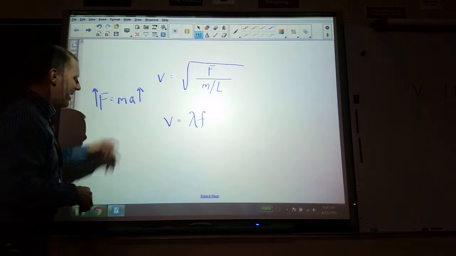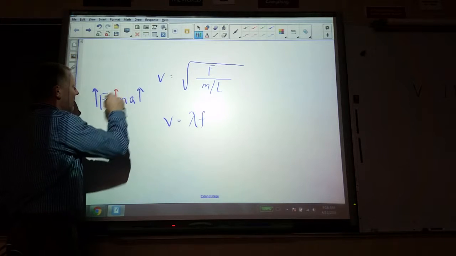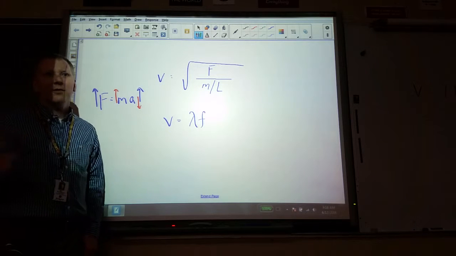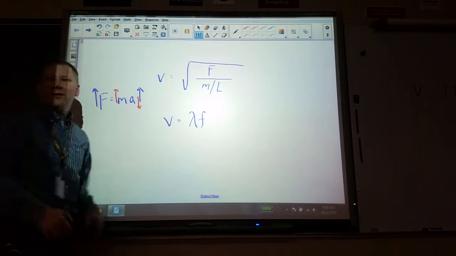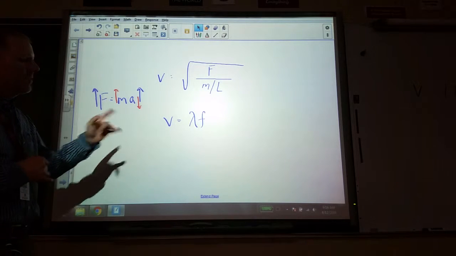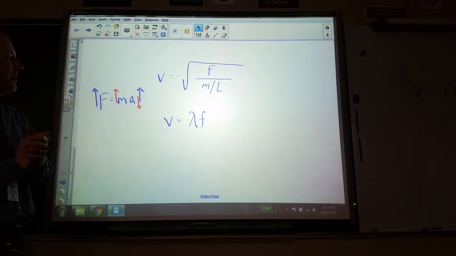Likewise, if your mass goes up, but the tension doesn't change, then the acceleration, the speed of the wave must go down. So these two formulas are what we're going to be applying in different ways for the first problem set.